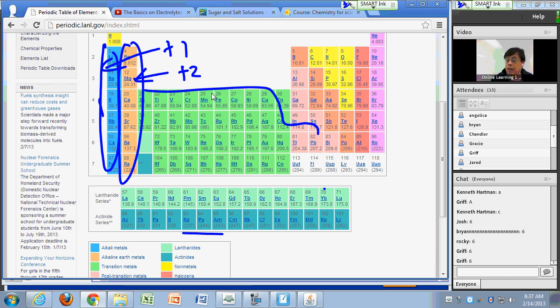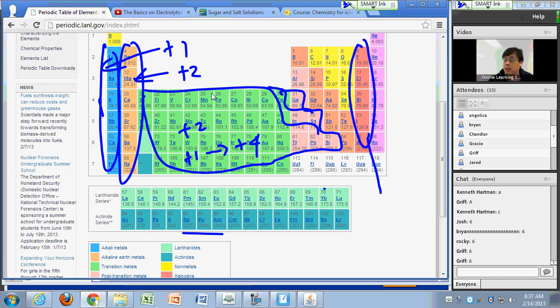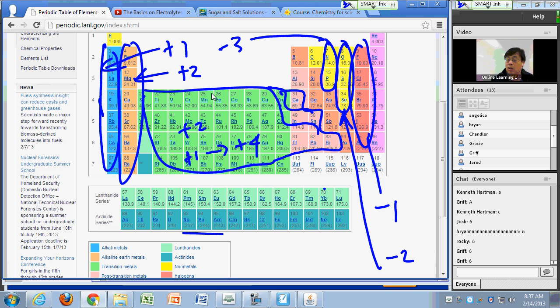These are mostly transition and post-transition, mostly plus 2, but it can vary from plus 1 to plus 4. Halogens tend to form monatomic ions with a charge of negative 1. From group 6A, the monatomic ions you get would have a charge of negative 2. Nitride and phosphide would have a charge of negative 3. Carbon doesn't tend to form a monatomic ion. So you need to memorize those.